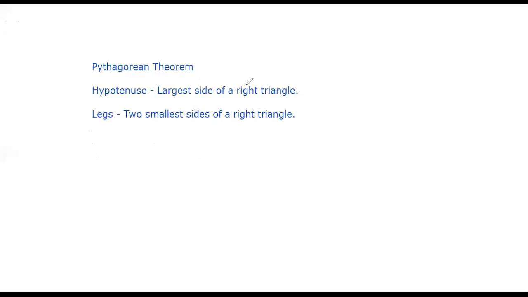So the other part of the definition, looks like I can't add onto it, is the following. Hypotenuse is always across, opposite the right angle.